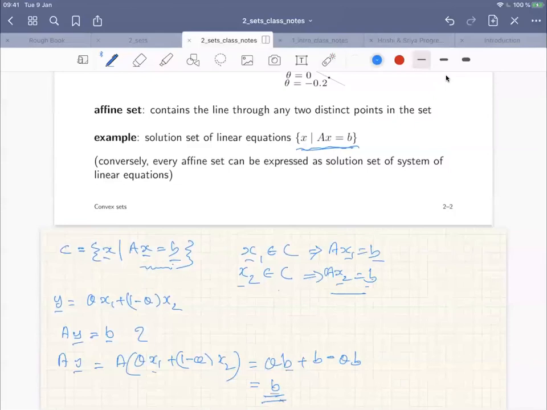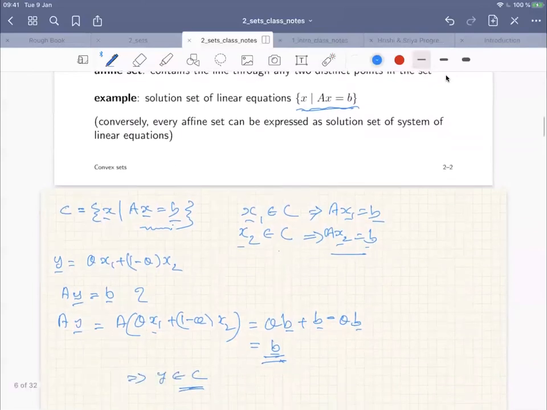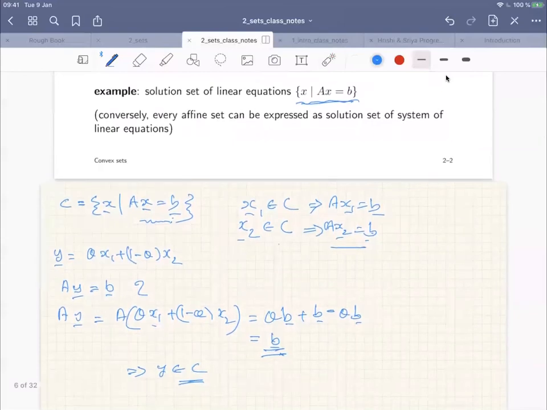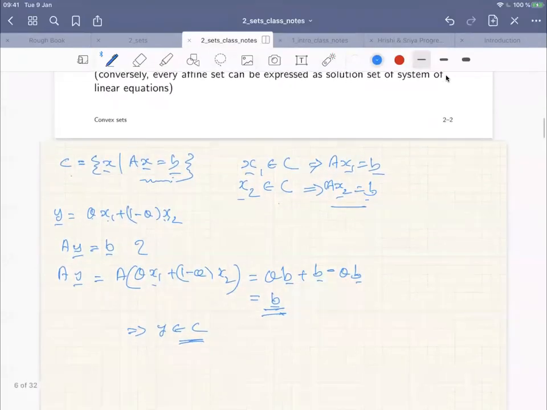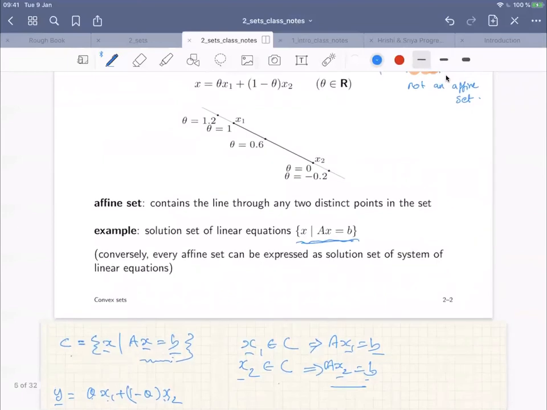Which implies y belongs to C. That means we are saying that the affine combination of x1 and x2, which gives the line passing through x1 and x2, is in the set C. So set C is affine. That's how we prove the solution set of a linear equation is affine.